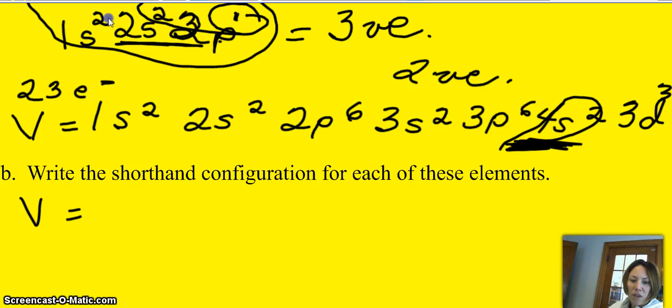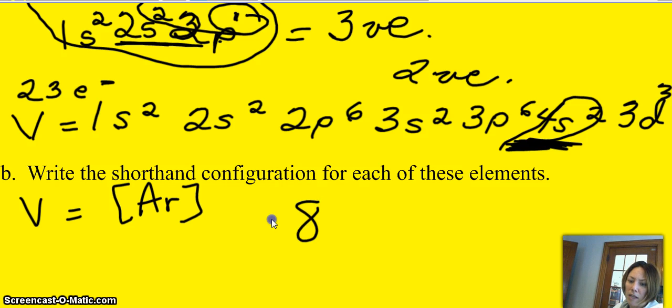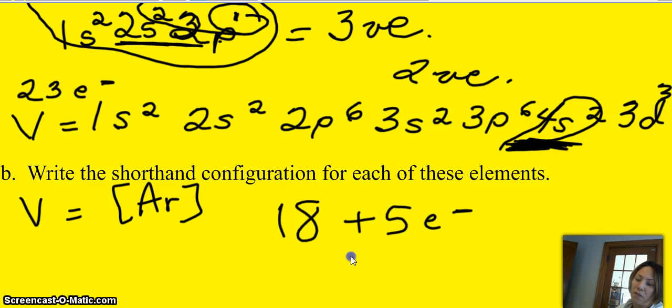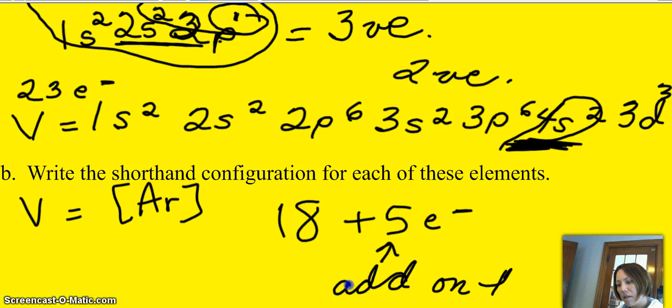So vanadium is argon's configuration, because argon was 18, basically plus 5 more electrons, right? Argon is 18. So vanadium is 18 plus 5 more electrons. So really all we have to add on is the 5. But the hard part is where to add them on. And the periodic table helps us with that as well.